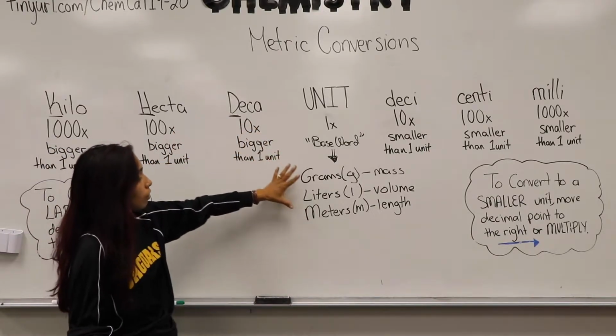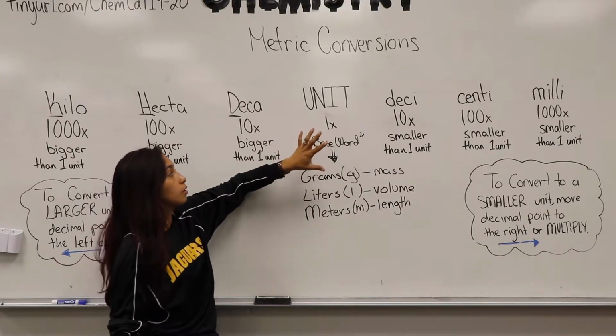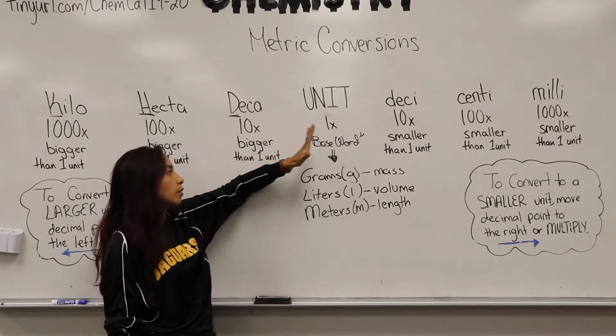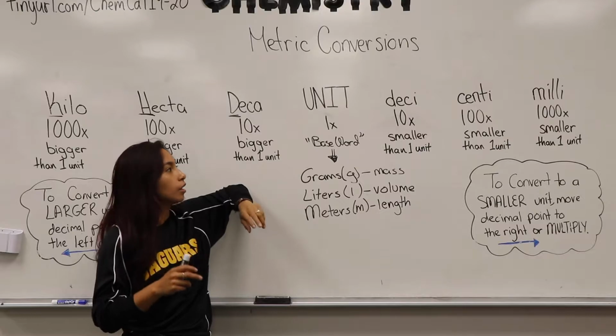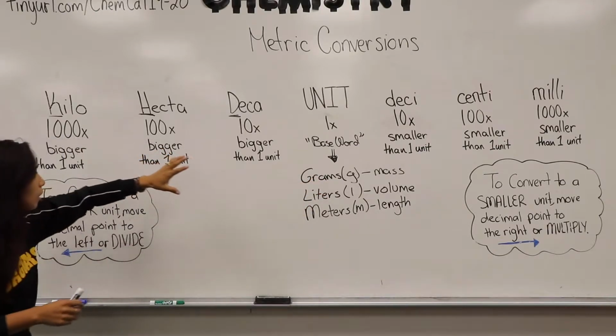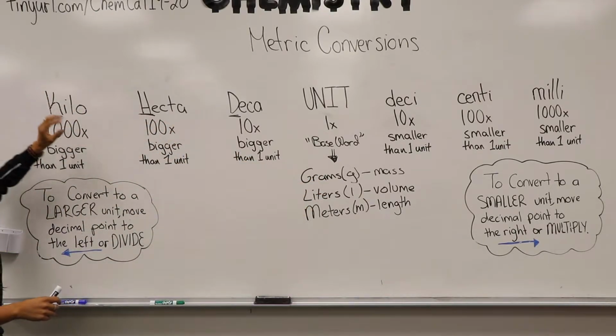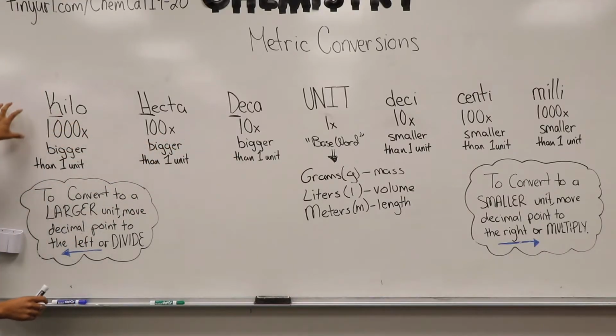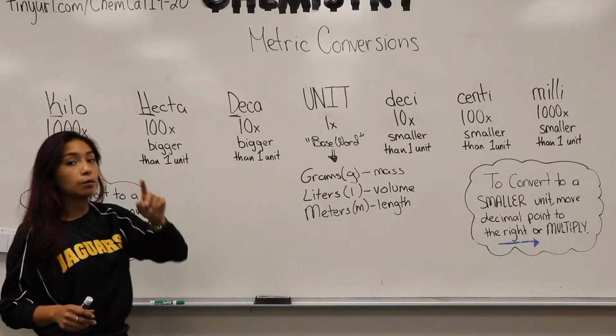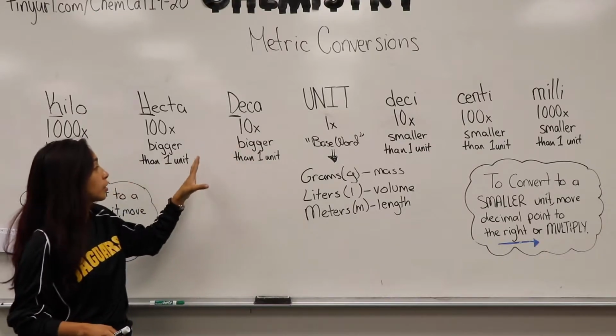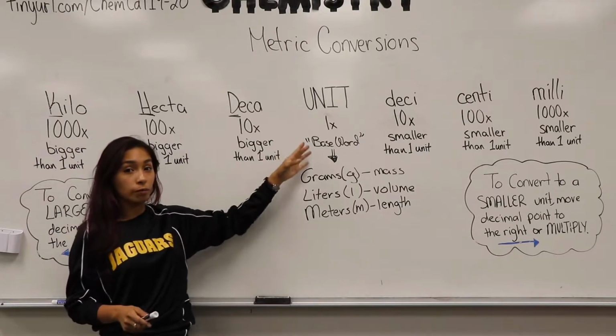So grams, liters, and meters are the base unit, so they count as 1. And if you go to the left side, these units start becoming bigger. But not only do they become bigger, we also start changing the prefix to the base word.